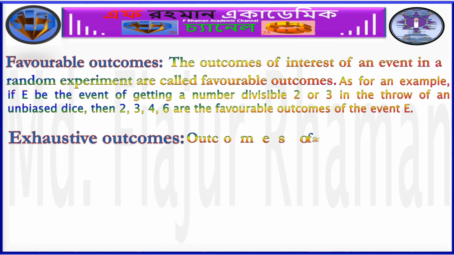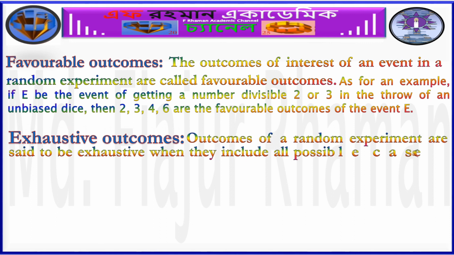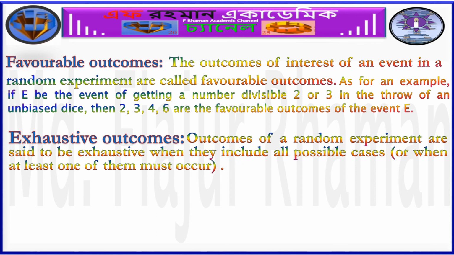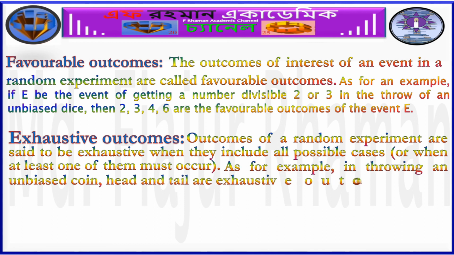Exhaustive outcomes. Outcomes of a random experiment are said to be exhaustive when they include all possible cases, or when at least one of them must occur. For example, in throwing an unbiased coin, head and tail are exhaustive outcomes.